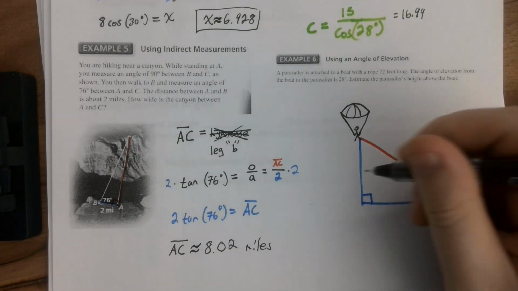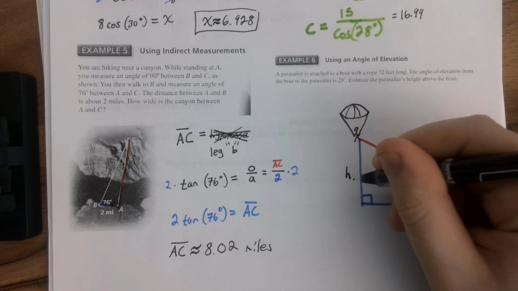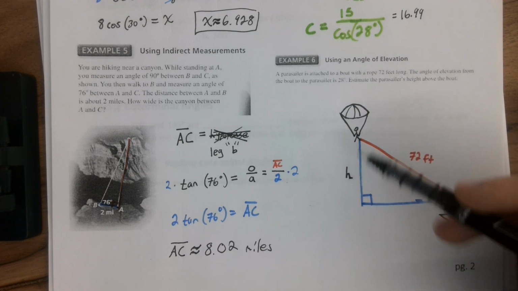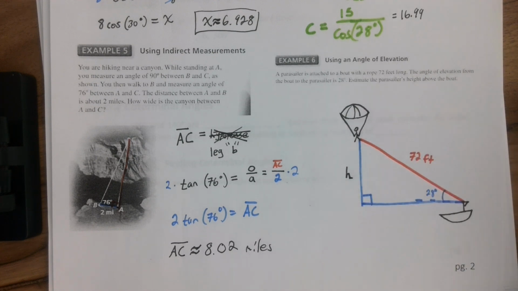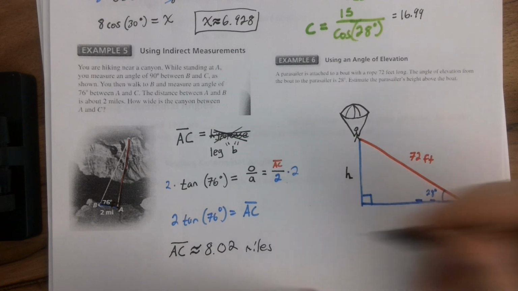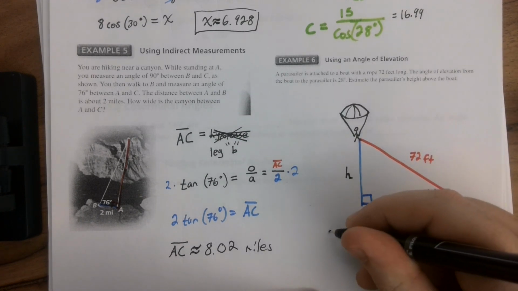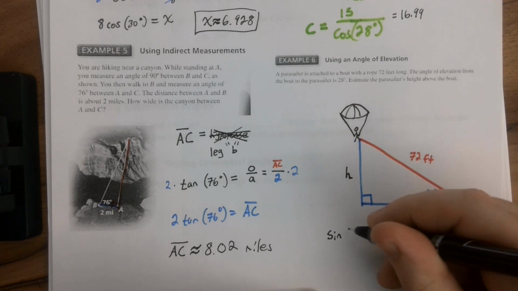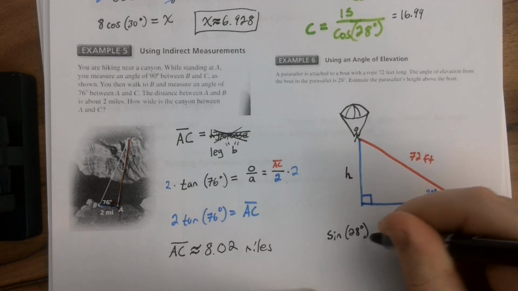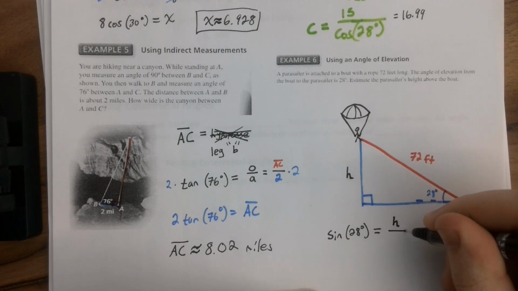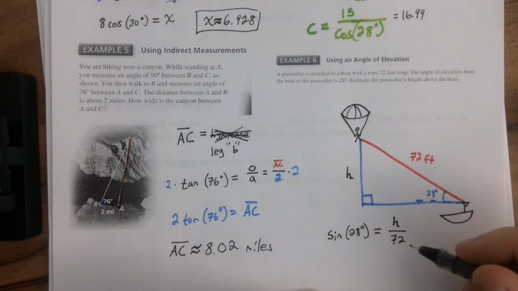Again, we're trying to find this. I'm going to call this variable h for height. How do we do it? Well, h is the opposite side from the angle, and 72 is the hypotenuse. So what trigonometric function has to deal with the opposite and hypotenuse? That's the sine. So the sine of 28 degrees equals h, which is our opposite, over 72, which is our hypotenuse.